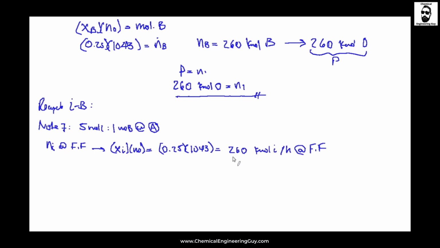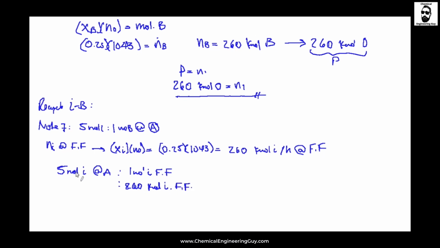Good, we had that for now. Let's apply note 7, which says 5 moles of isobutane at A for each mole of isobutane in the fresh feed. So I know I got 260 kilomoles of isobutane in the fresh feed.